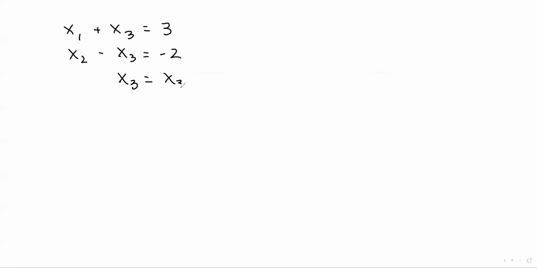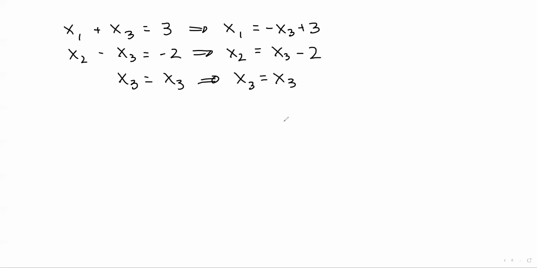Watch this: we can take this first equation and get x1 by itself by moving the x3 over, so you're going to have negative x3 plus 3. Then we can take this equation and move the x3 over, and we get x2 equals x3 minus 2. And this equation, we can just rewrite: x3 equals x3. All right, so take a look at that.